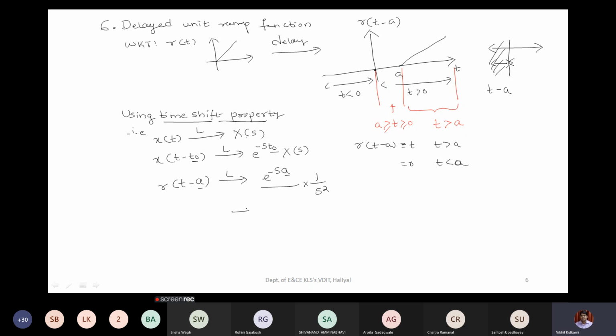So this gives us e to the power minus s a divided by s square, where 1 by s square is the Laplace transform of r of t. Okay, is that clear now?